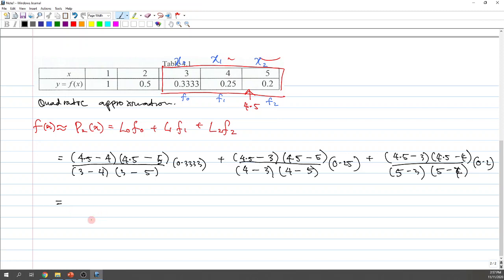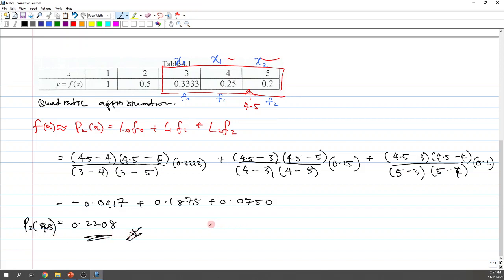So apa yang kita dapat, the value actually is negative 0.0417 plus 0.1875 plus 0.0750 and the total is 0.2208. This is the estimation P2(4.5).